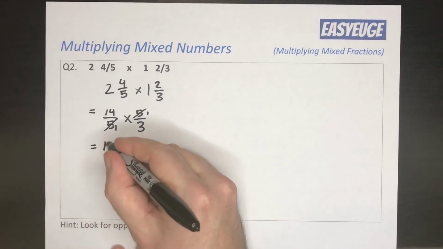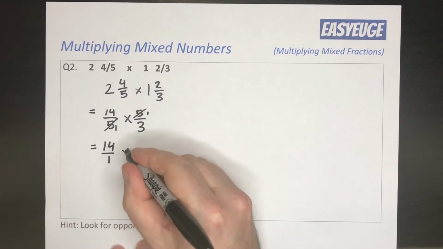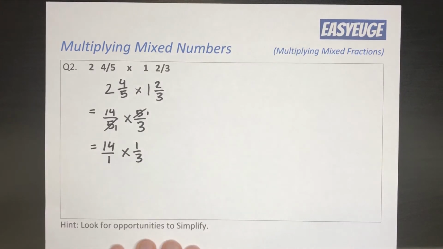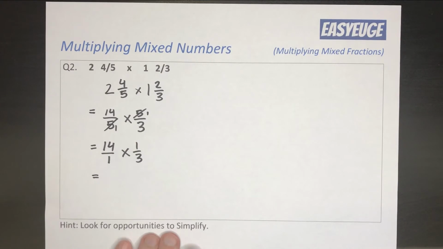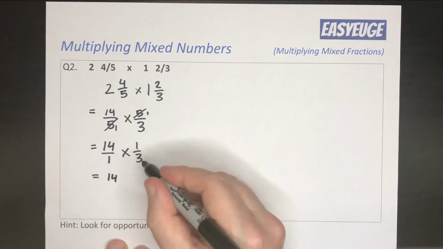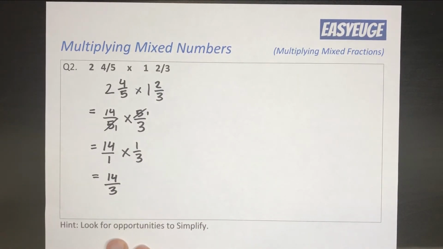That is 14 over 1 multiplied by 1 over 3. And when we go ahead and multiply all of that out, 14 by 1 is 14. 1 times 3 is 3, and that is our fraction answer.